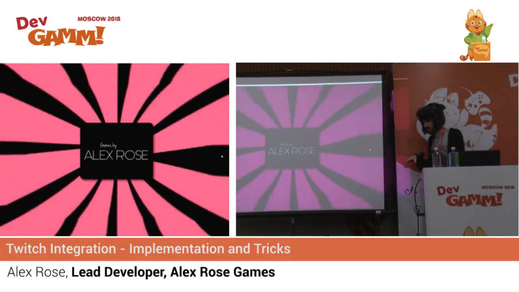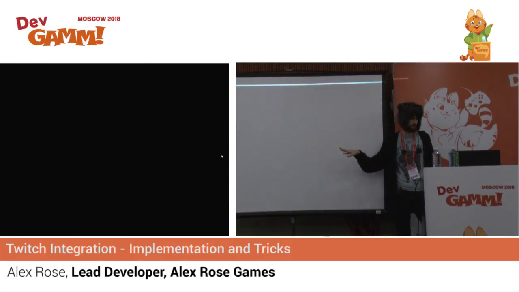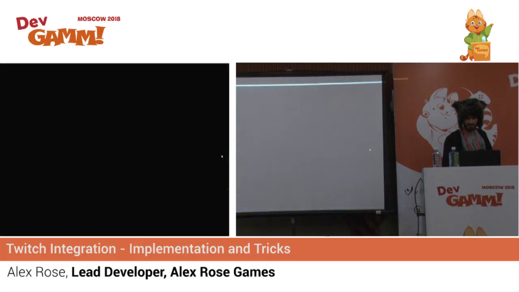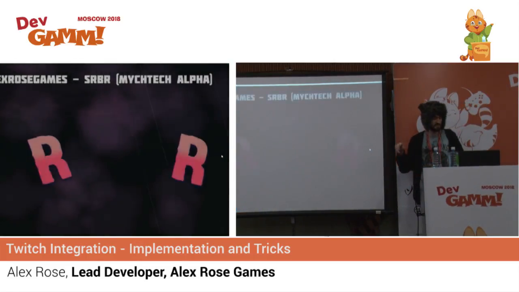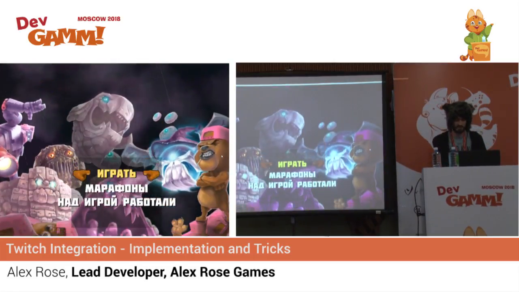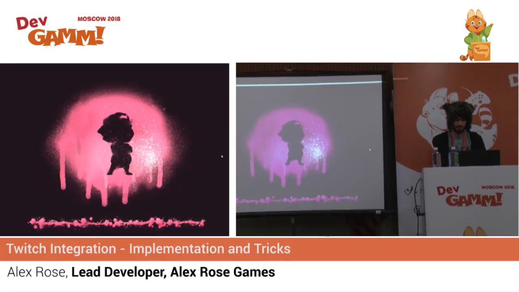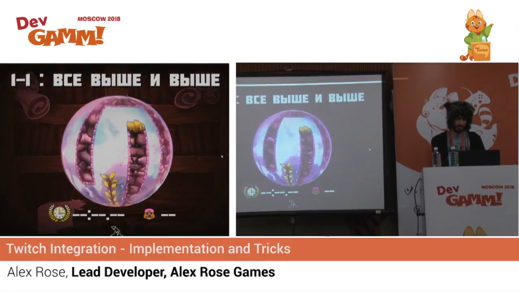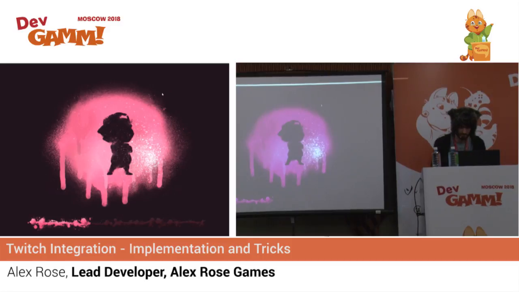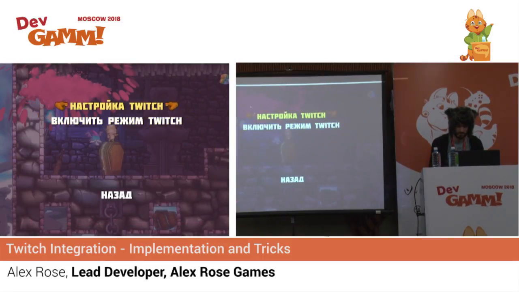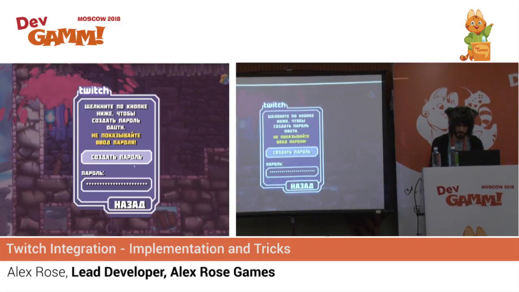So what's going to happen is, this is a really old build of the game as well, so I'm sorry for how it looks and whatever. But you need to be able to clear the chat away if someone starts messing about with your chat, pretty much. So I've only got level 1 unlocked on this version. But, OK, Twitch mode. Set up Twitch, right?